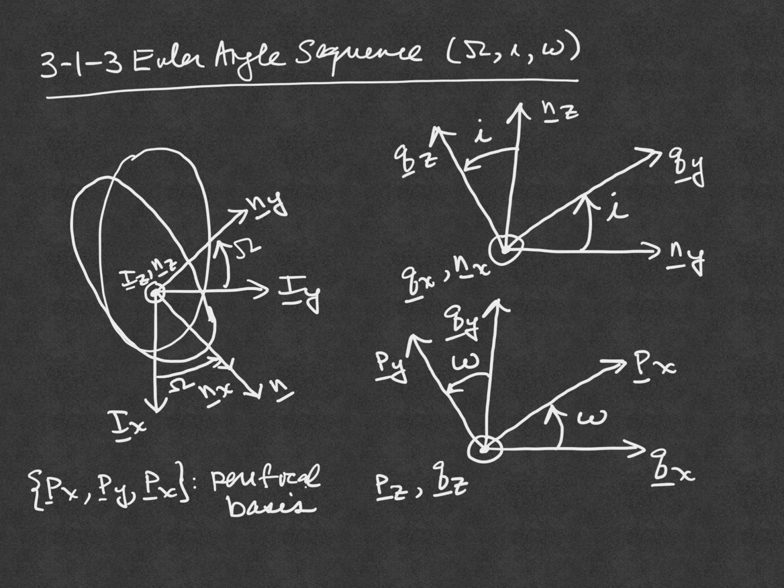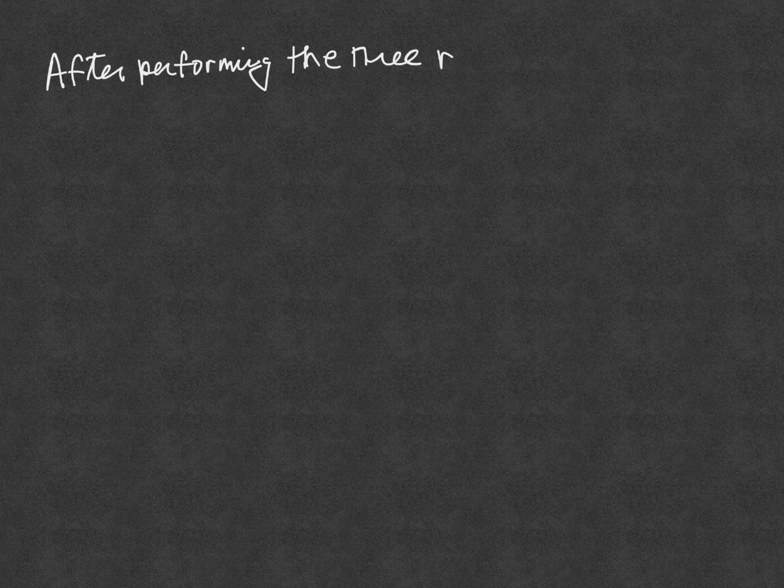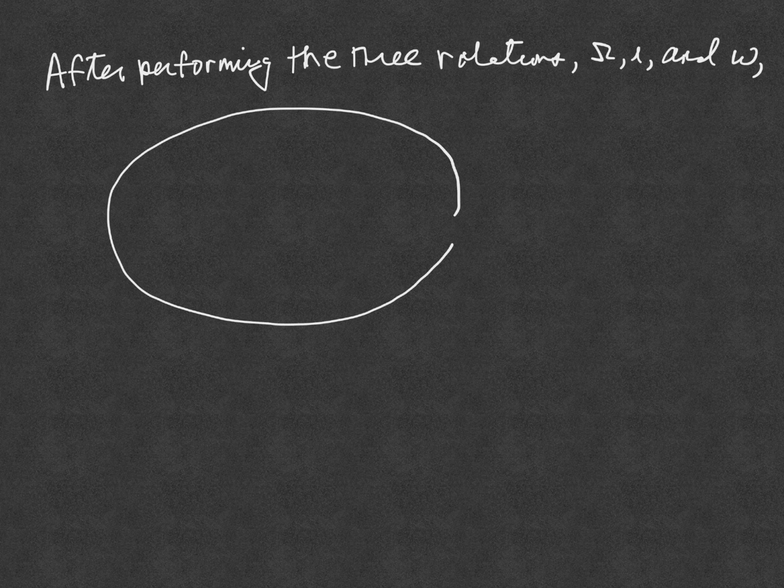Now, what that means is that when I'm all done doing all these rotations, this is what I have when I'm finished. So after performing all 3 rotations, omega, I, and little omega, we have this ellipse that's, again, back to the picture that we had before.